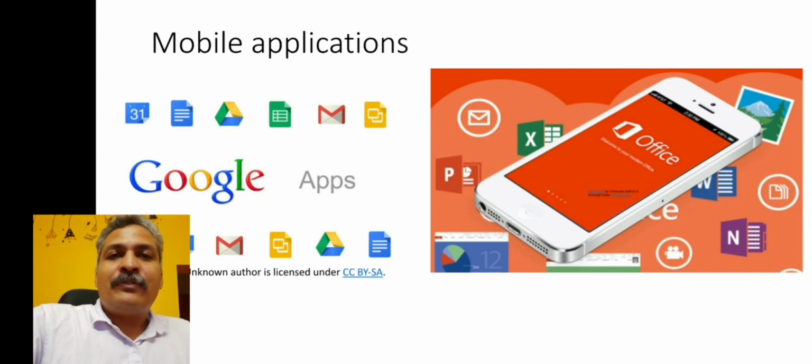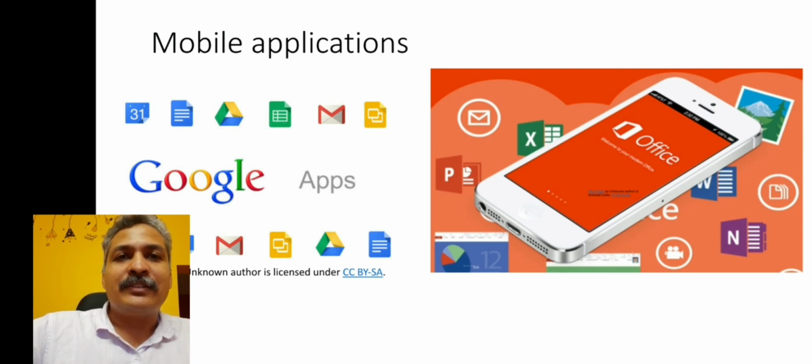An example of the mobile application, as I've mentioned earlier, is the Google applications or Google Docs. At the same time, Microsoft has its own online mobile application, known as MS Office 365.